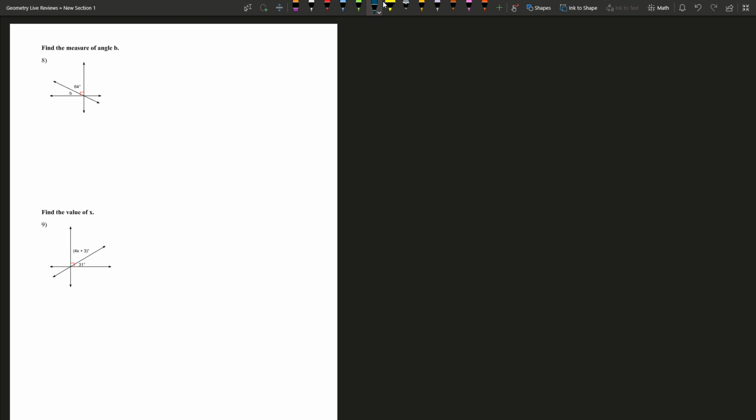All right. So using our angle addition postulate, we know that 4x plus 3 plus 31, so the top angle plus the bottom angle, is going to equal 90 degrees. We know that it's 90 degrees because of this marking right here, which you now can't really see because I drew over it.